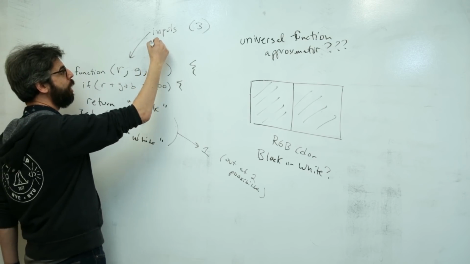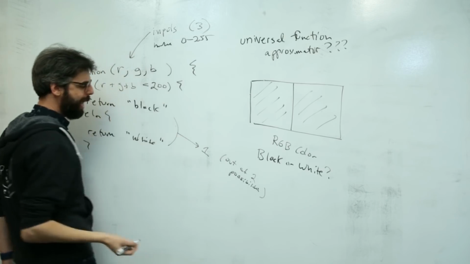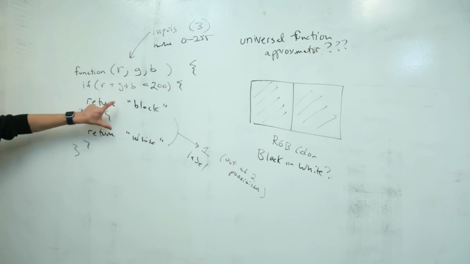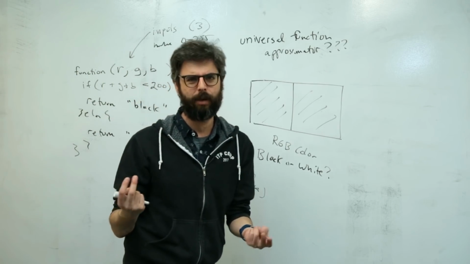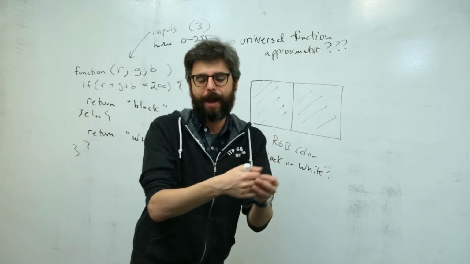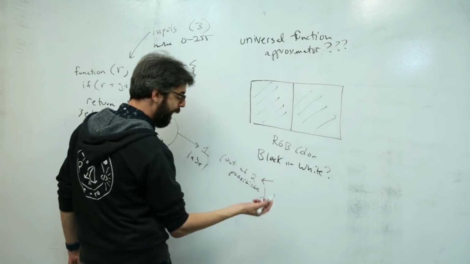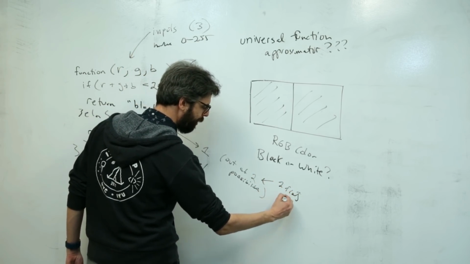The inputs are numbers between 0 and 255, and the output is 1 label, which is a string. But another way I could think about this is it could return a kind of probability value. How likely is it that black looks better, and how likely is it that white looks better? That would also be 2 floating point numbers. We could think of it that way.